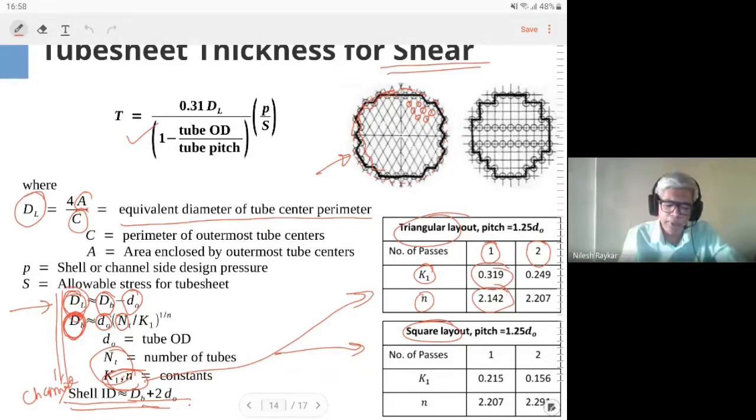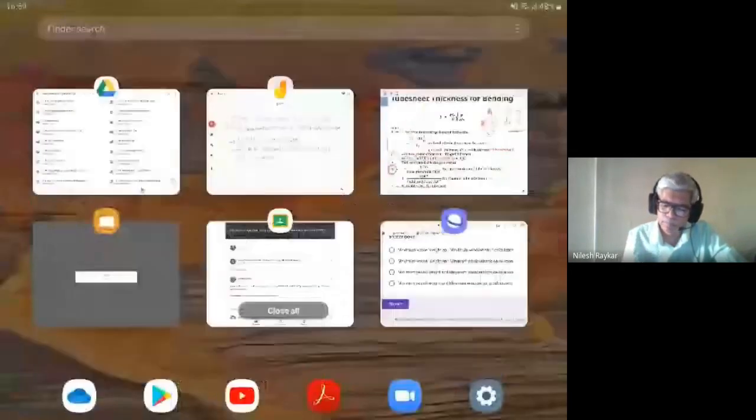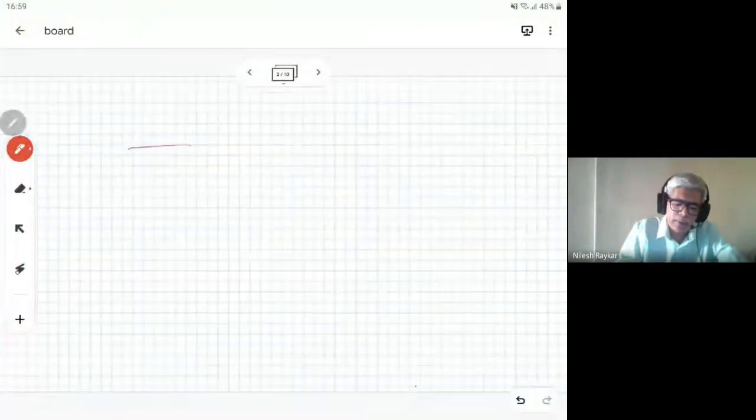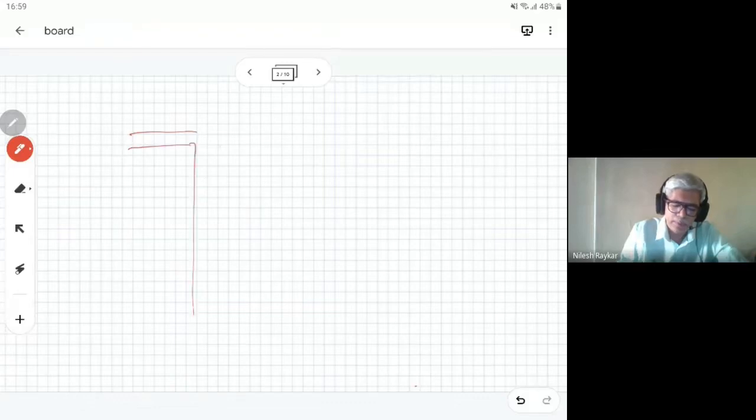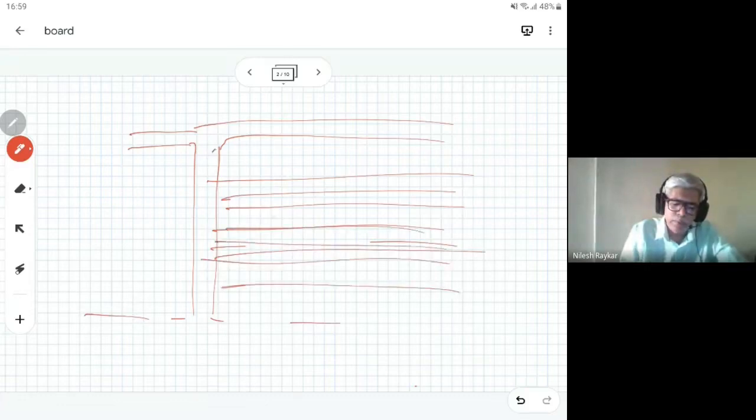Yes, here we are considering the bending of the tube sheet as a whole. So if this is your tube sheet, one side is the shell side, and there are tubes attached here. This is the tube bundle, and this is the tube sheet we are talking about.